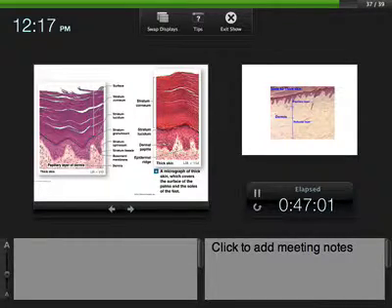Skin. This is the last, I think this is the last stop here for the day. So skin, and there's two models of the skin. There's one here and one over there. There's plastic models of the skin as well. It has the epidermis, which are these epithelial cells on the top that are broken into these 5 layers.